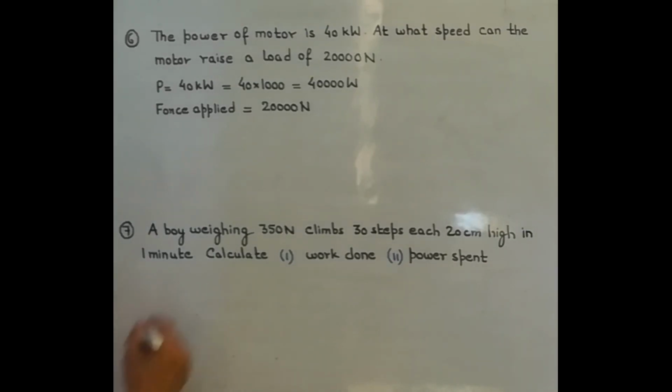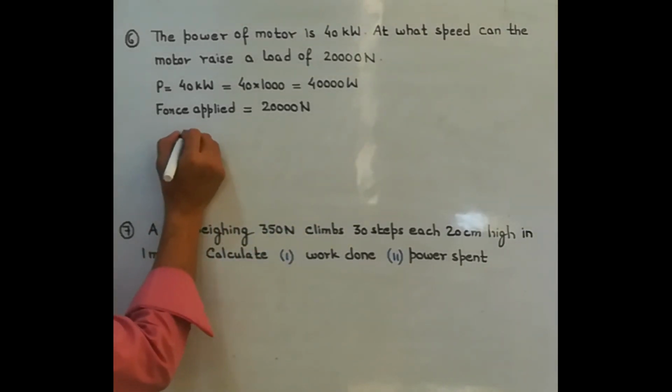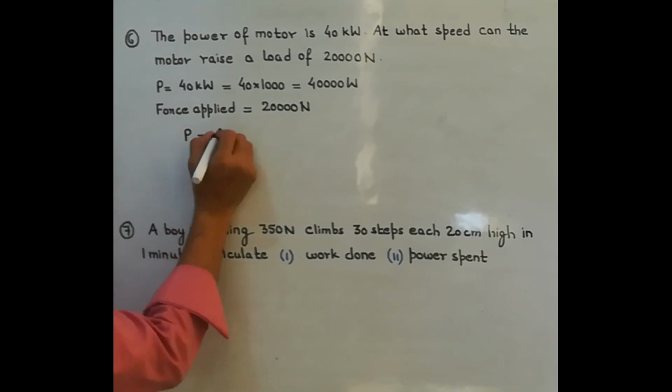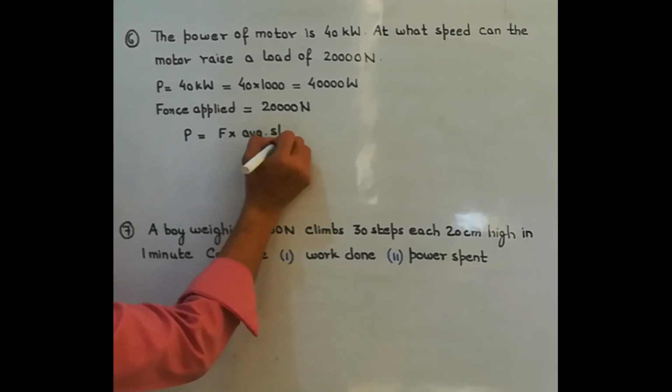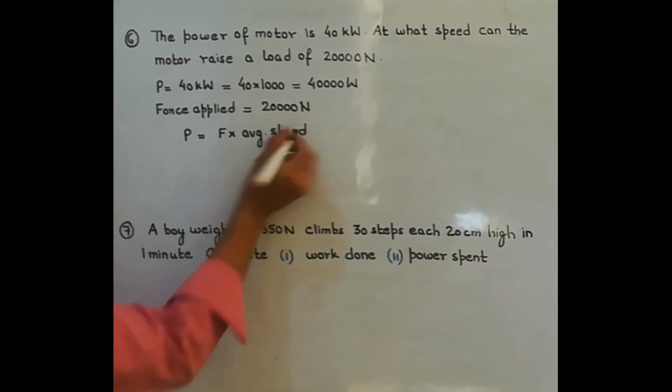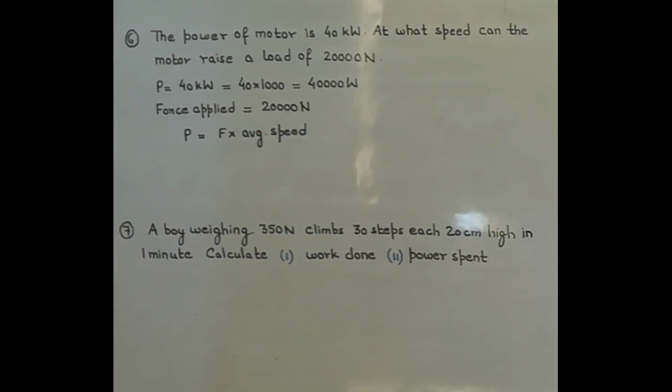Now the formula for the power. We have the formula for power. Power is equal to force into average speed. We have two formulas for power. One is power is equal to work upon time, and the other one is power is equal to force into speed. Now here they are asking for the speed.